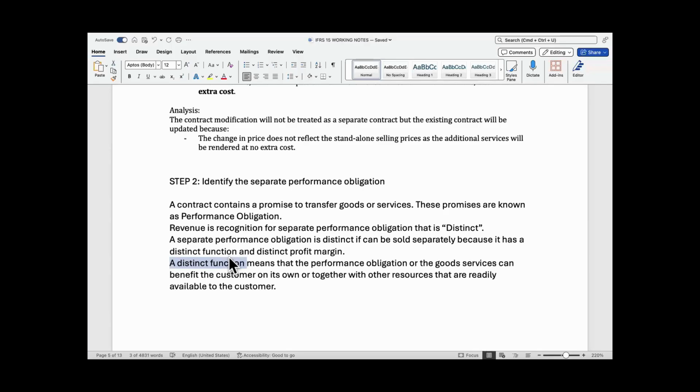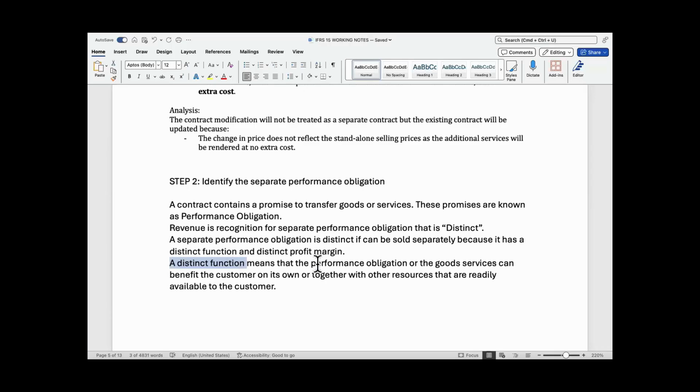Like if you buy a fan, for example, you can benefit from that fan, let's say a standing fan, on its own. Even though you have to plug the fan to a socket, you need electricity for it to work, that doesn't mean it's not functioning on its own.